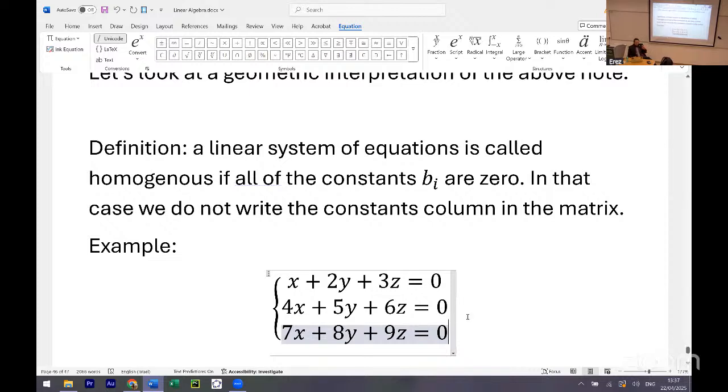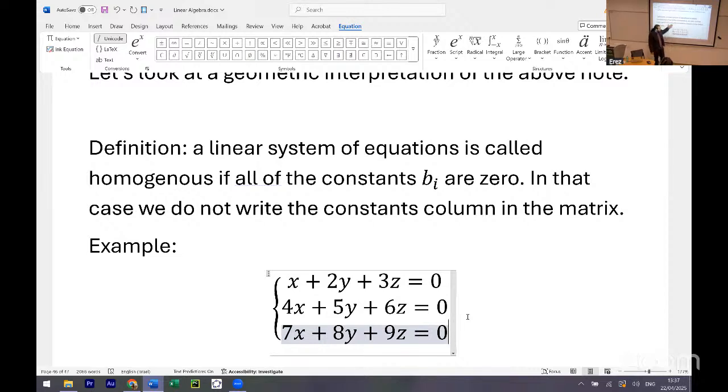So that is called a homogeneous system of equations because the constants here are all 0, every one of them. The coefficients are the numbers multiplying the variables. It was enough that there would be a 1 here, and it would not be a homogeneous system. But if everyone is 0, then it's homogeneous.